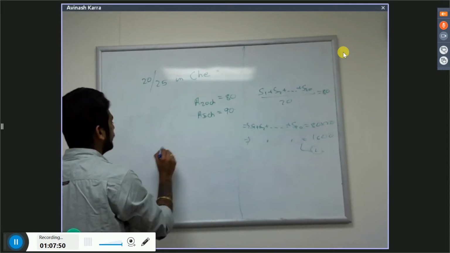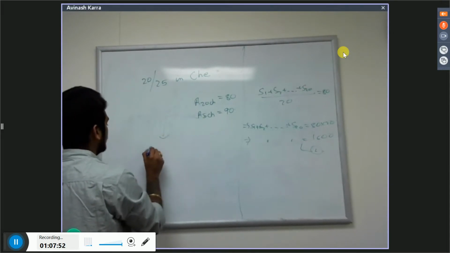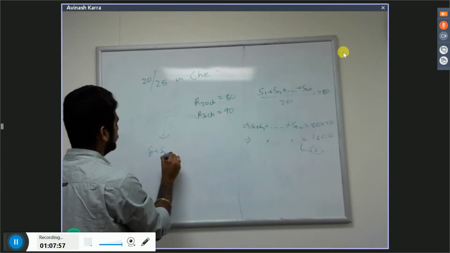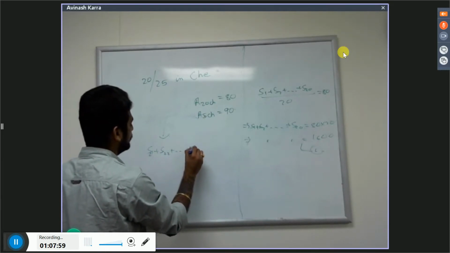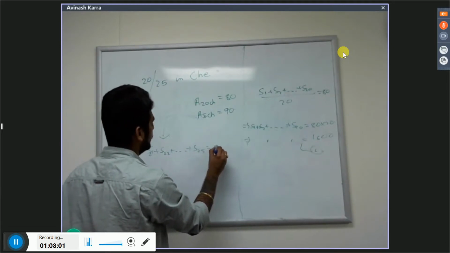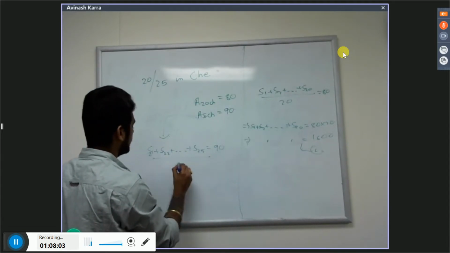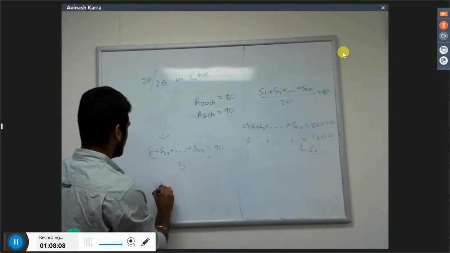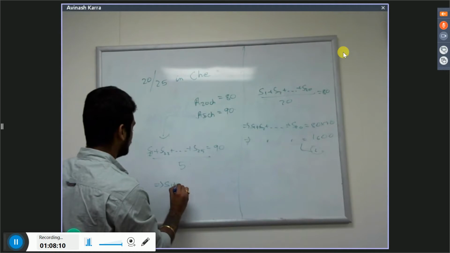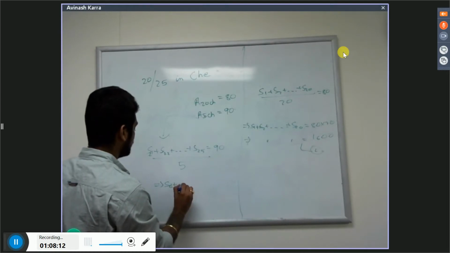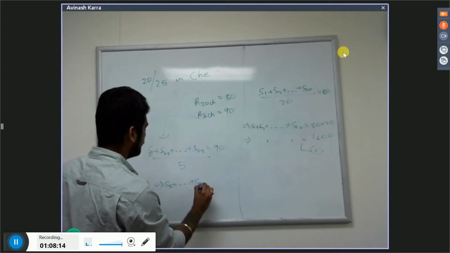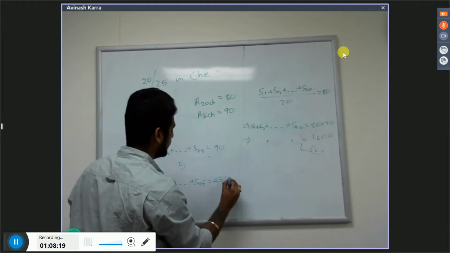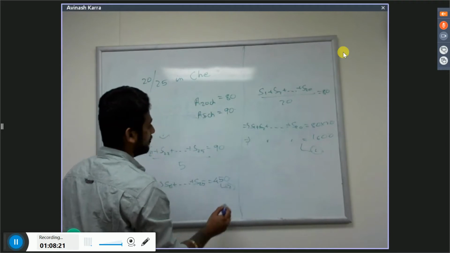And according to this, S21 plus S22 plus so on to S25 is equal to 90 into 5, which is 450. This is equation 2.